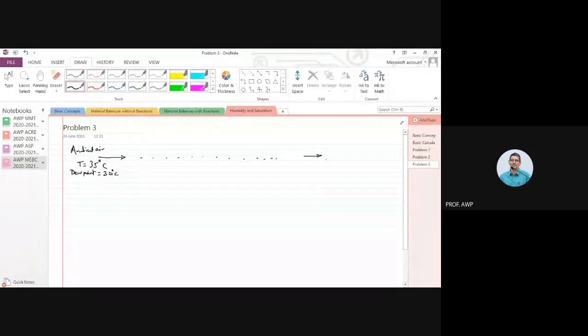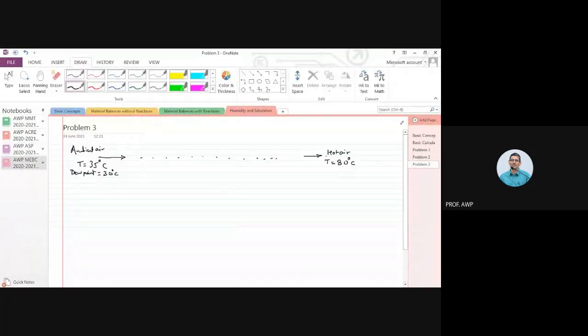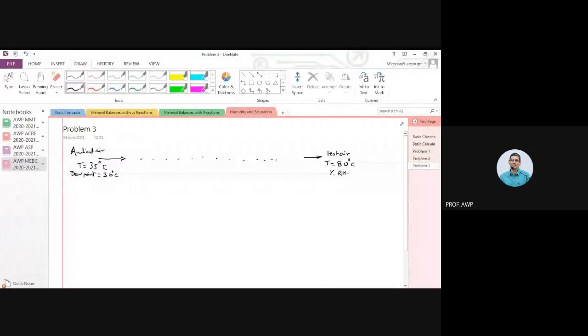So now I get hot air. This is at a temperature of 80 degrees centigrade. And let's say it has percent RH of 5%.